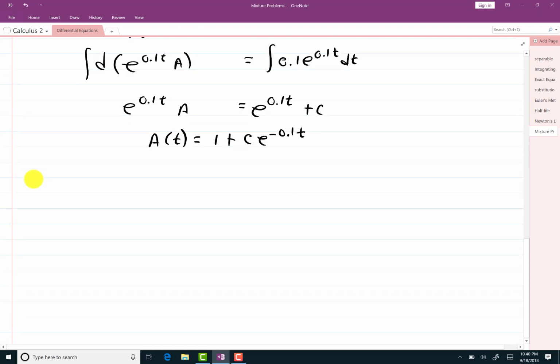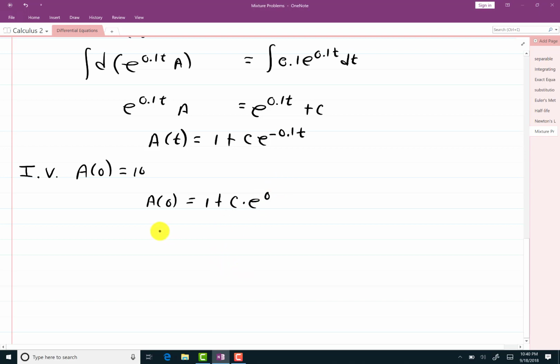And now to get the constant, we know that the initial value we had when time was 0, A of 0, was equal to 10 kilograms of salt. So let me throw that in. A of 0 equals 1 plus c times e to the 0.